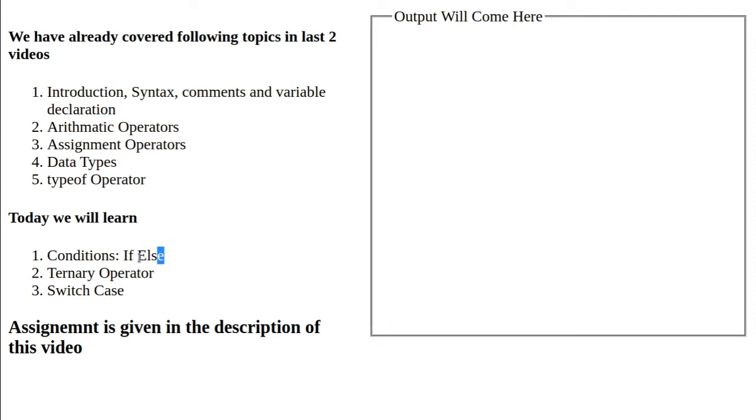Let's talk about conditions. What is a condition? Say someone tells you, if I do this, then I'll become this. If I pass the MBBS exam, I'll become a doctor. Or if I crack JEE Mains, then I'll become an engineer. Everywhere there's a condition: if and else. If I do it, then this happens.